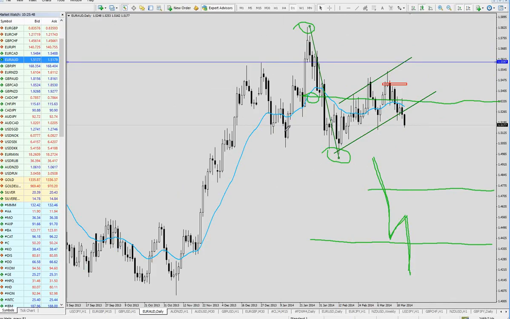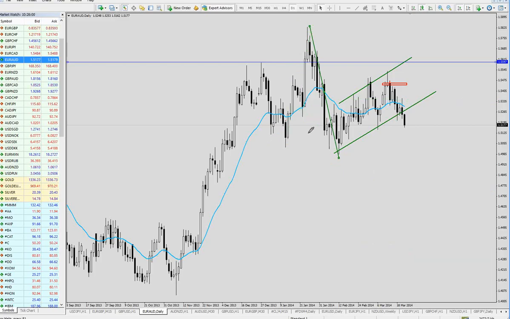Look, the last move to the high, bam, bam, bam, means that this move. 1, 2, 3. So the move to the high confirmed this low, as you know, right? Not this low, this low.